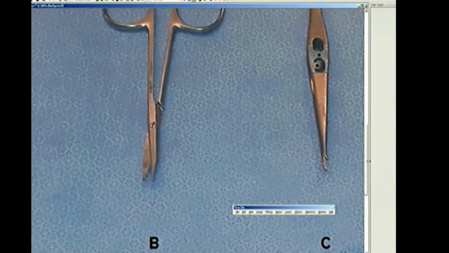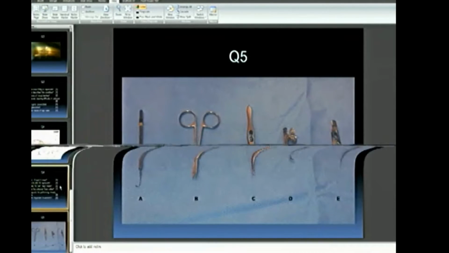Don't know if that's any clearer, but okay, are we finished?